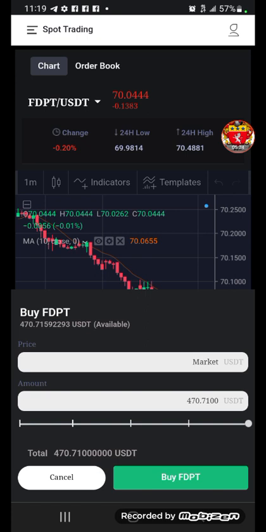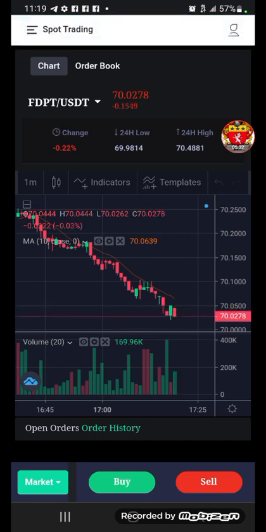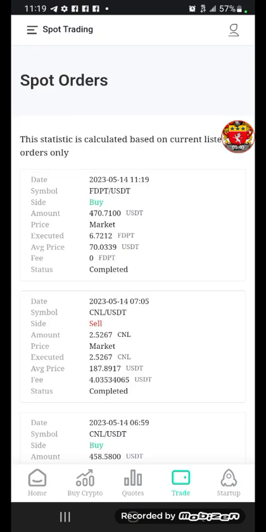I'm just going to buy. So I think I got it for 70.03. And the way I'm going to check is I'm going to click my order history. And I bought it for 70.03. Cool, so I hit the target.